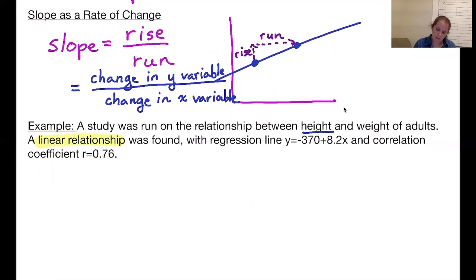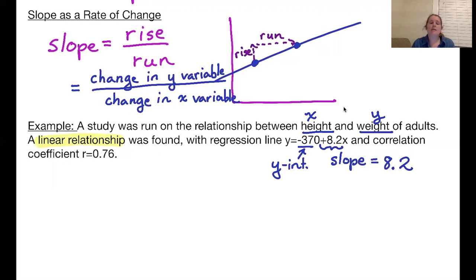In terms of our variables, height is our x, weight is our y. I didn't give units, we'll assume height is inches and weight is pounds. The number next to the x is our slope. The number without the x is our y-intercept. So we have a slope of 8.2.